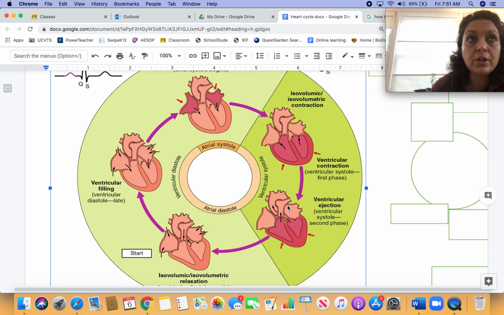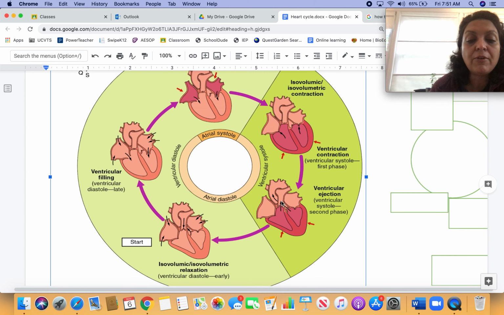In the later part of the ventricular systole, it is pushed out into the aorta, and right after all the blood is released, the ventricle relaxes. In the early stage of ventricle relaxation, there is no blood in the ventricle. Simply, the blood is being received into the atrium. Atrium is receiving blood, not the ventricles.